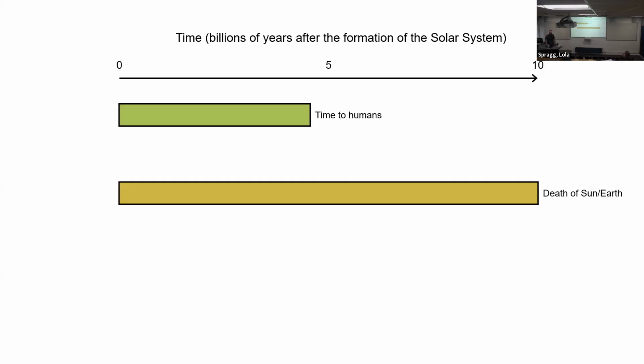Then he looked at essentially when the sun will leave the main sequence. Anyway, essentially when the biosphere is going to go extinct. So he used that as the upper limit to Earth's habitability, 10 billion years.